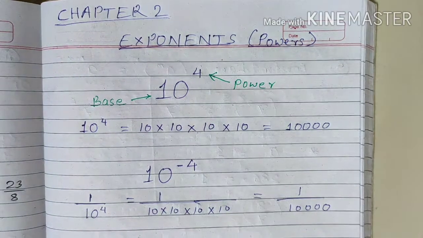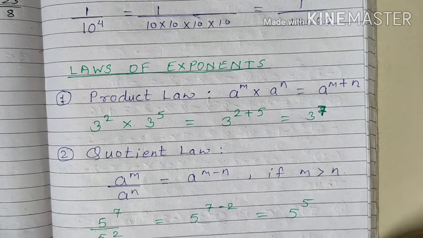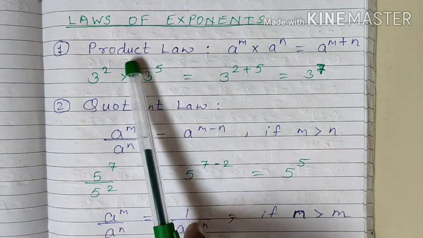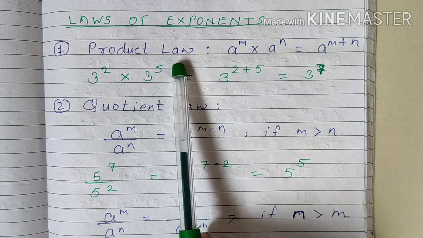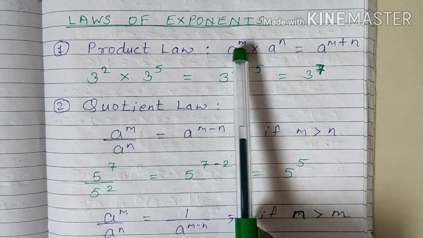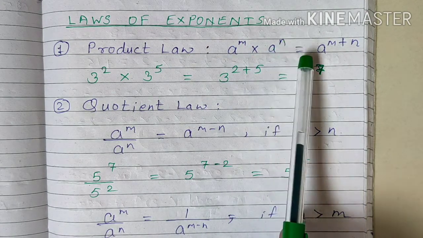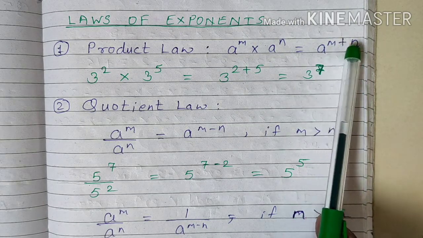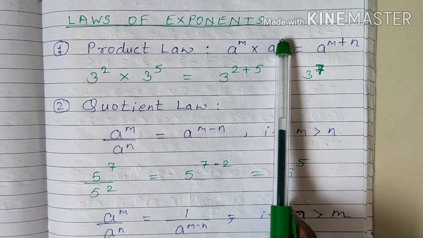Now let us learn the laws of exponents. The first law of exponents is the product law. In this case, a raised to m multiplied by a raised to n will be equal to a raised to m plus n, that means addition of the powers.